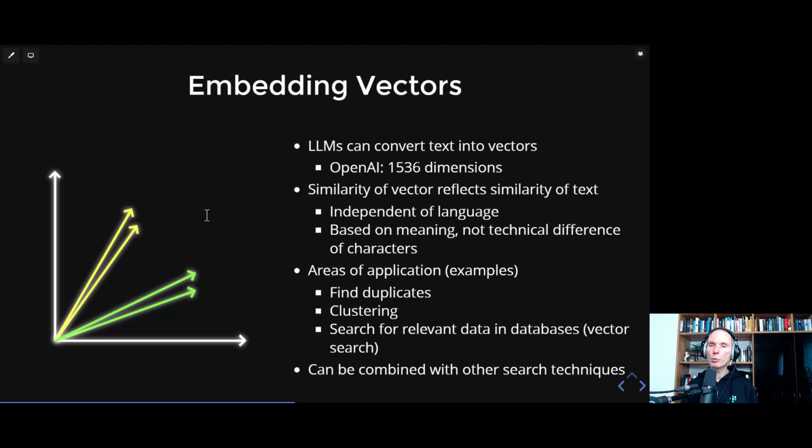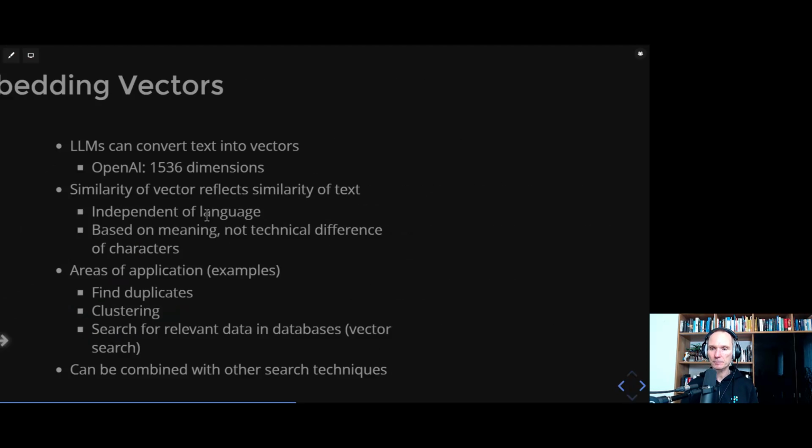And obviously, you will very likely get better results if you do that. So that's the whole idea of what embedding vectors are and how you can theoretically work with them. You will see examples about all these applications in a second.